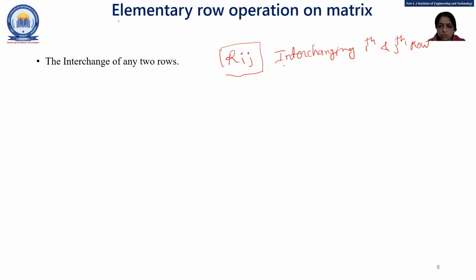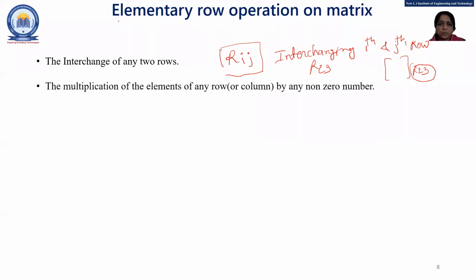Similarly, if there is a matrix and I write here R2,3, what does it mean? R2,3 means I am going to interchange the second row with the third row. Got it?